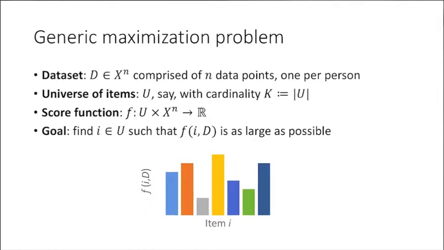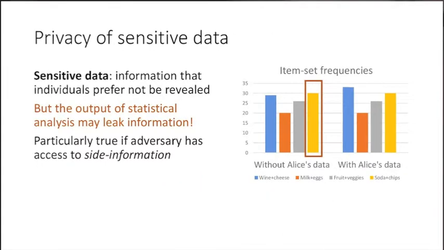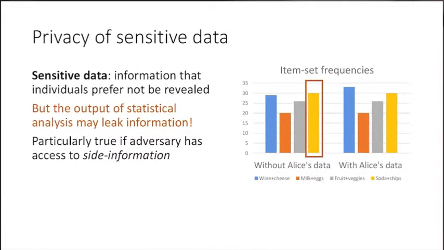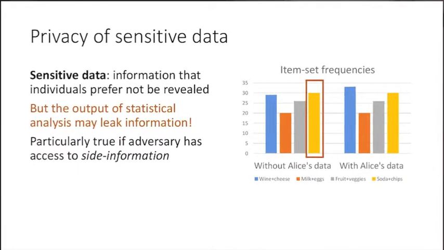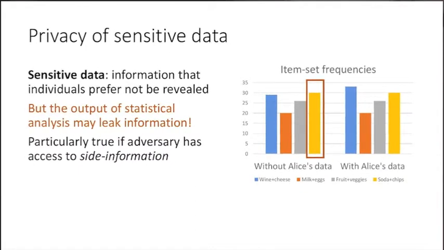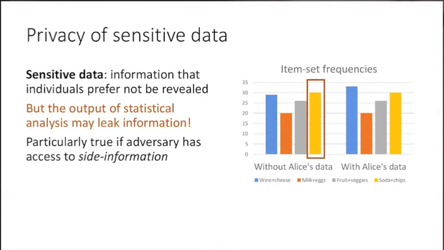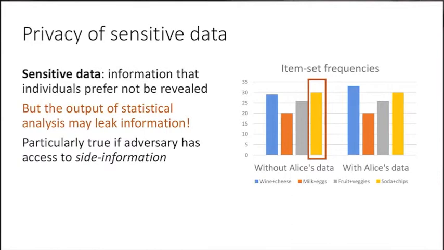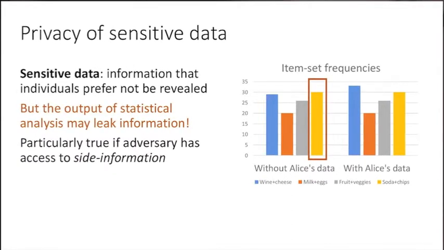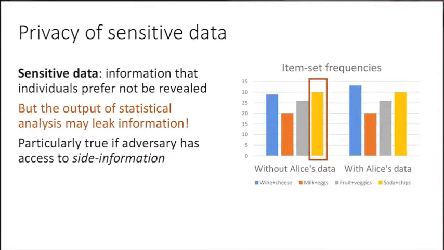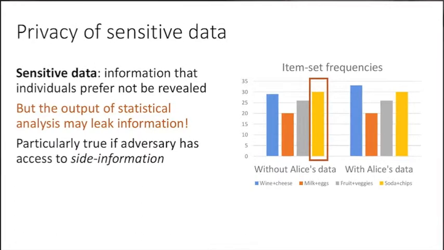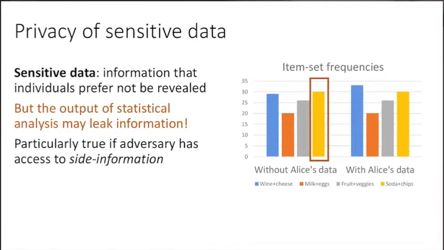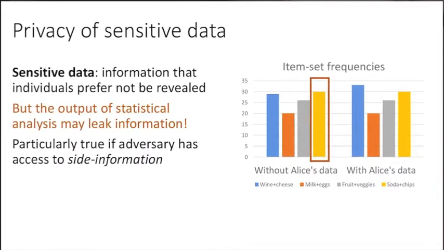Okay, so what's the privacy angle here? The issue is that a lot of the data about individuals might be information that people are a little bit sensitive about, that they don't want to be unnecessarily revealed to the public if at all possible. They may have contributed their data to this organization, thinking that it is not going to be revealed to the public.